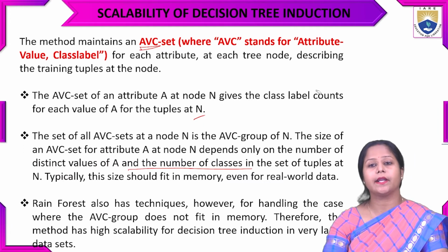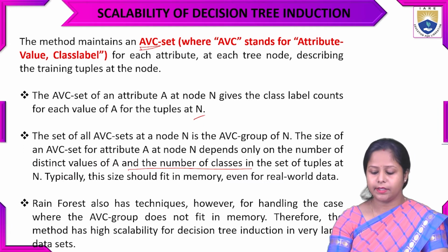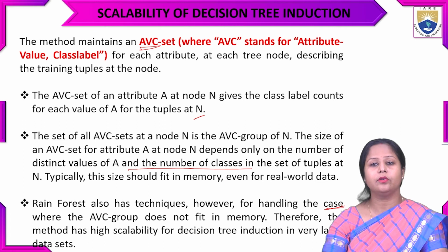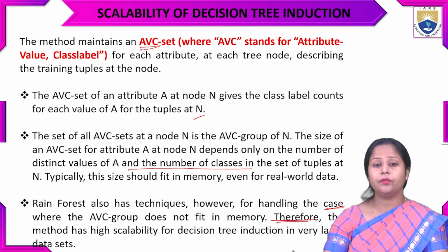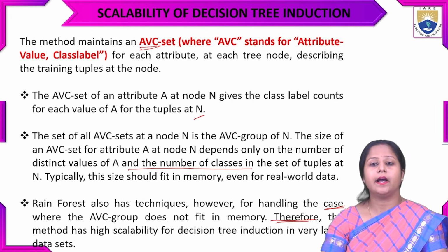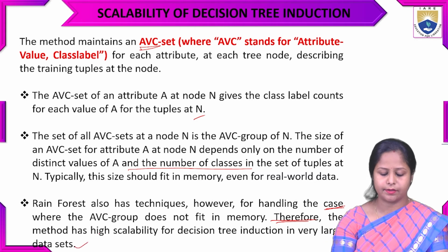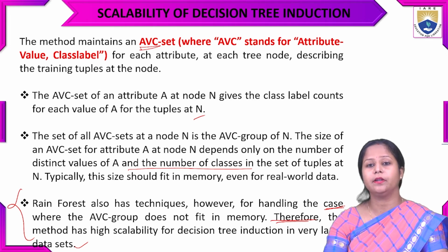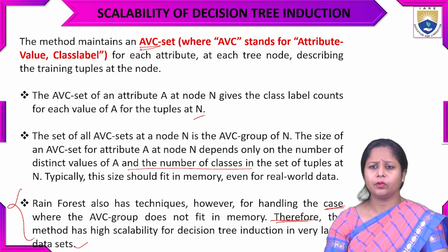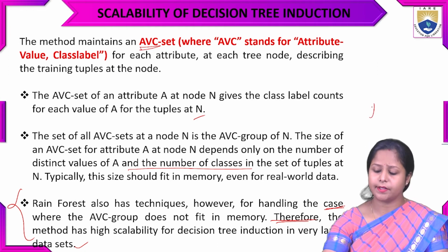RainForest also has techniques for handling cases where the AVC group does not fit in the memory. Therefore, the method has high scalability for decision tree induction in very large data sets. So RainForest is the best example for removing the scalability problem, to be used for larger data sets.